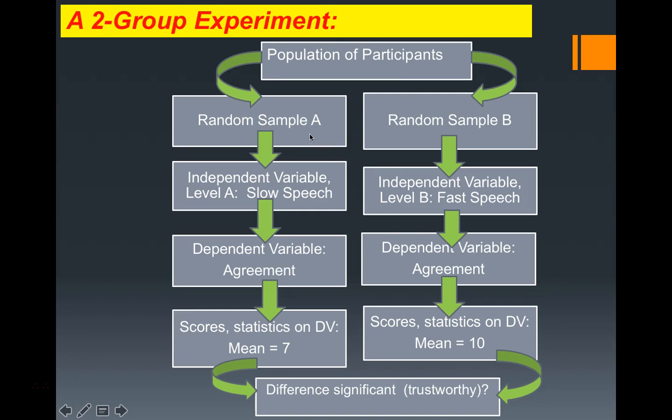Let's say the message was an audio presentation of a speech endorsing a policy that John Jay College should make passing a senior comprehensive exam in their major mandatory in order for students to graduate.